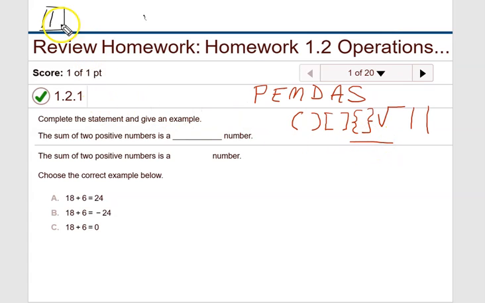So for item number 1, just write this statement. The sum of two positive numbers is what kind of number? And here the answer is going to be positive or negative. Well, it's going to be a positive number.